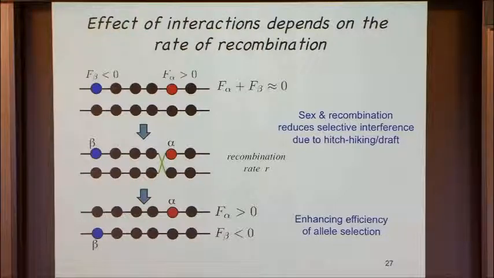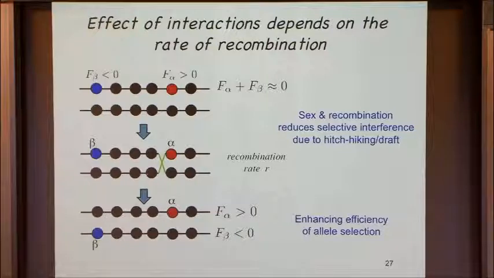On the other hand, this effect of hitchhiking or background selection, so the fact that the deleterious allele may be hiding behind the beneficial allele sitting on the same genome, is also ameliorated by recombination, right?